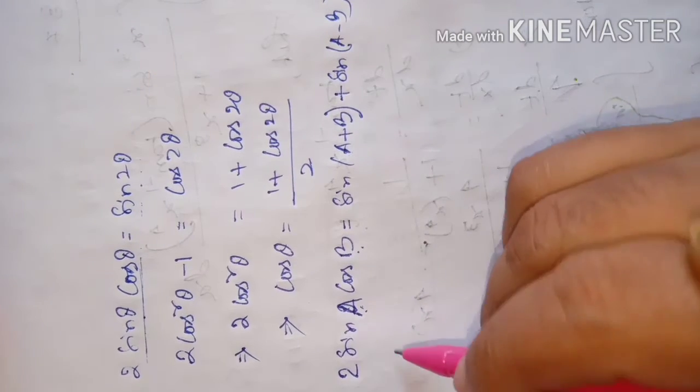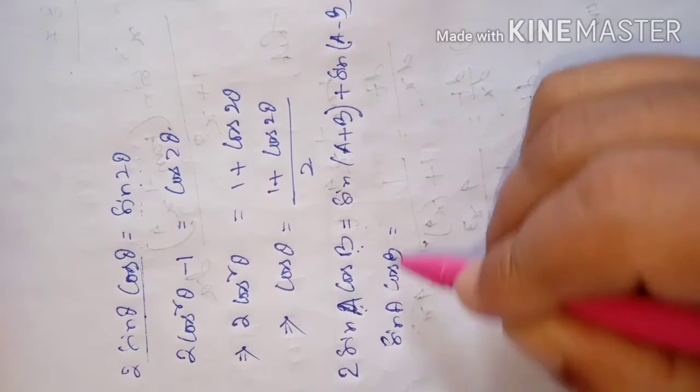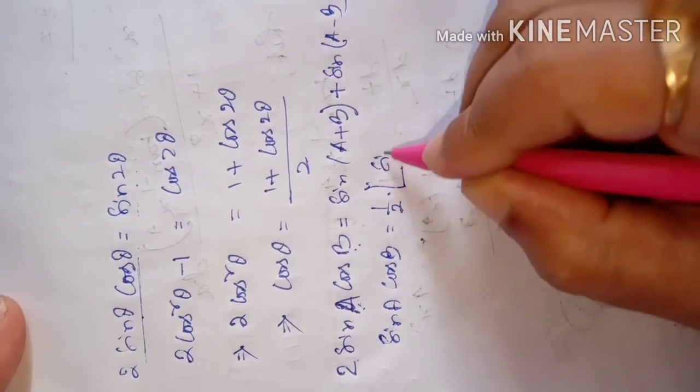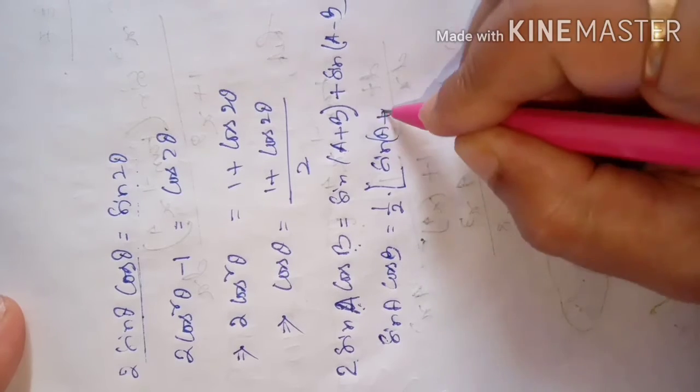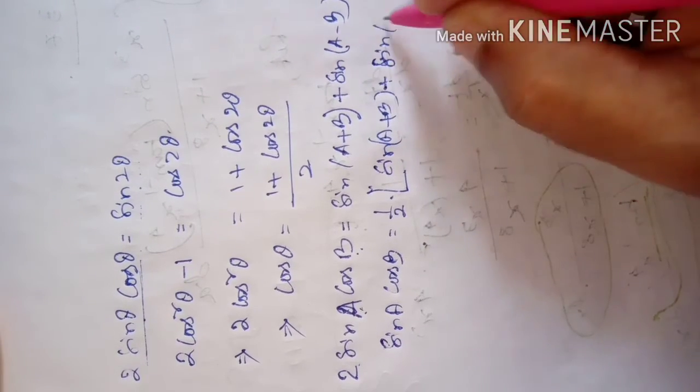Suppose we are given only sine A cos B, then we can take this 2 to the right hand side: 1 by 2 into bracket sine A plus B plus sine A minus B.